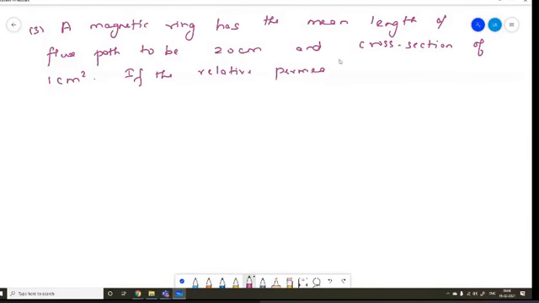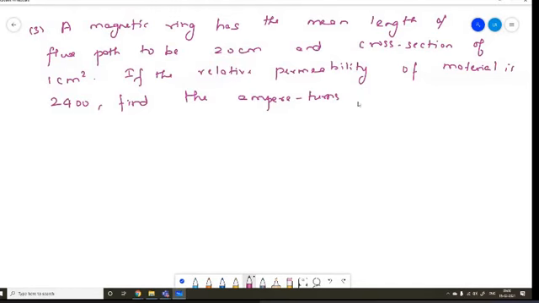If the relative permeability of material is 2400, find the ampere turns.